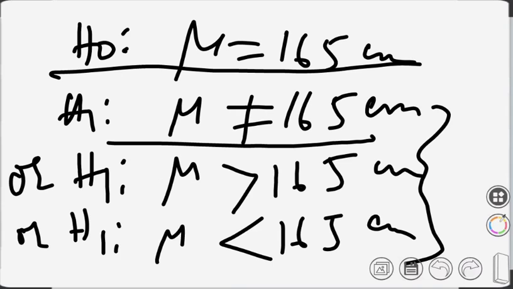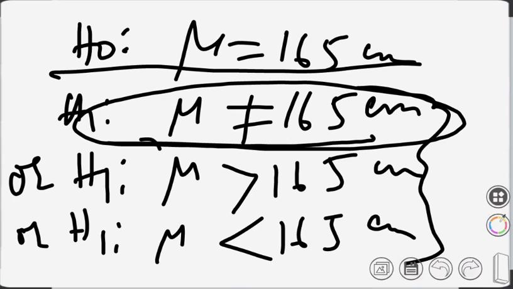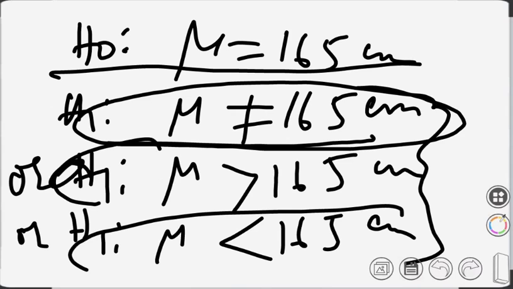Like in the example that I have given, our sample mean is 165 centimeter, and I have asked whether the population mean is more than 160 centimeter. The question suggests whether the population mean is more than 160.